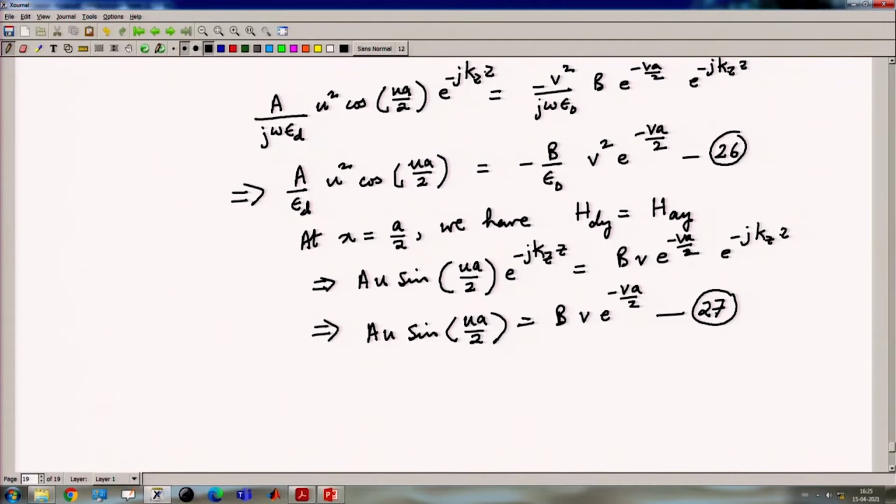So, we have equated the tangential electric field E z at x equal to a by 2 and the tangential magnetic field H y at x equal to a by 2. In order to drive out these unknown constants a and b, we will again take the ratio between 26 and 27.